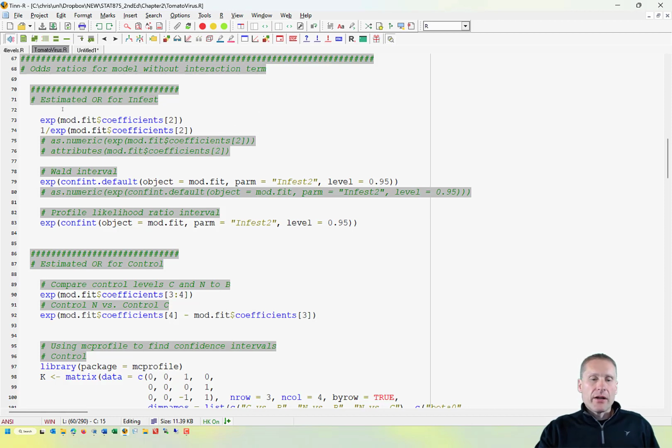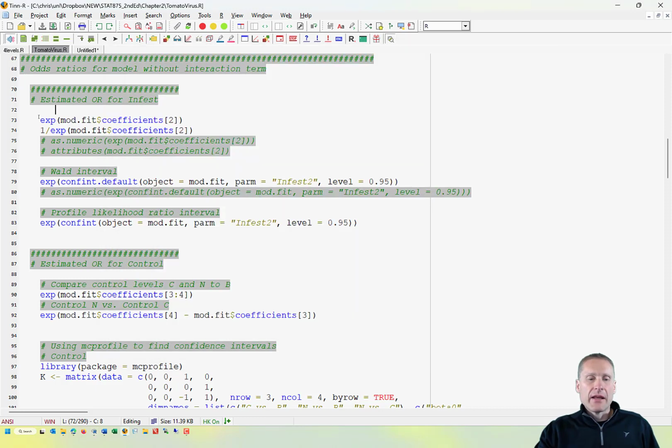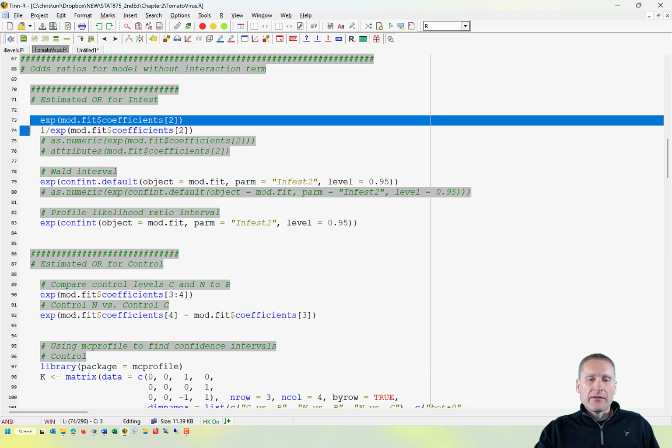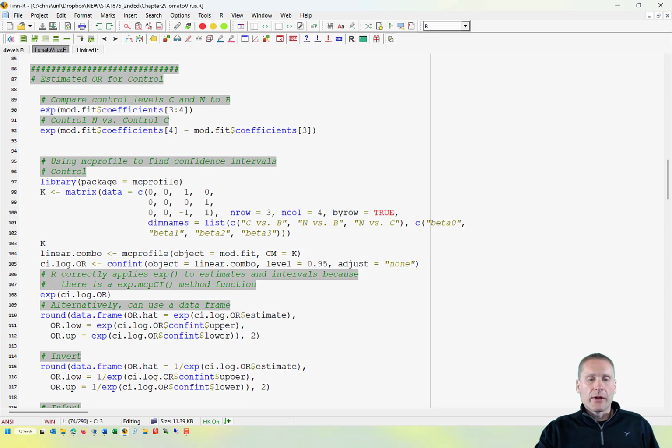Let me come on over here to R. So my results are stored in mod.fit, and I can pull out my coefficients. So we can see, for example, beta hat 2 is negative 0.79. Then let me actually go down to control here.